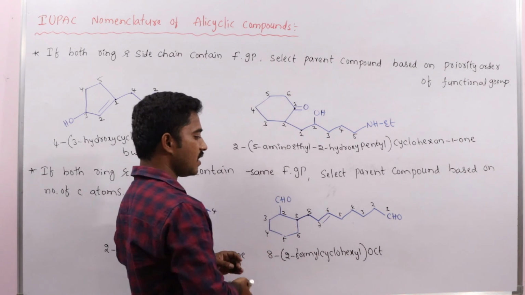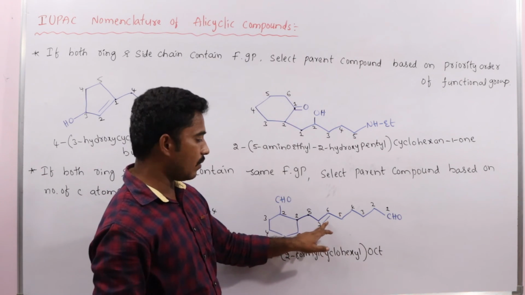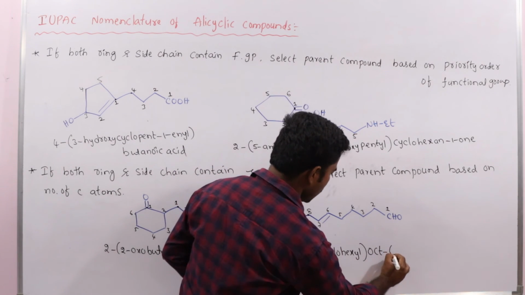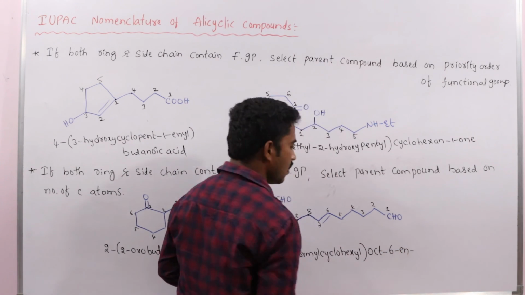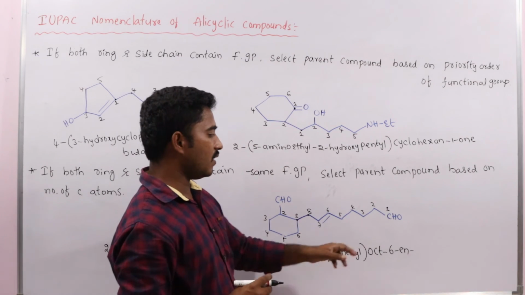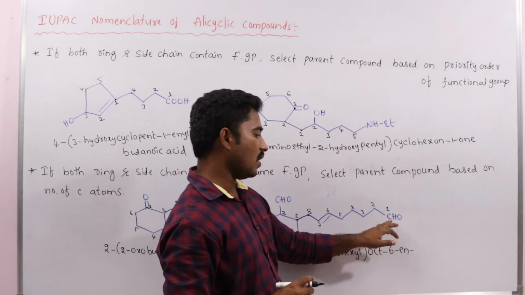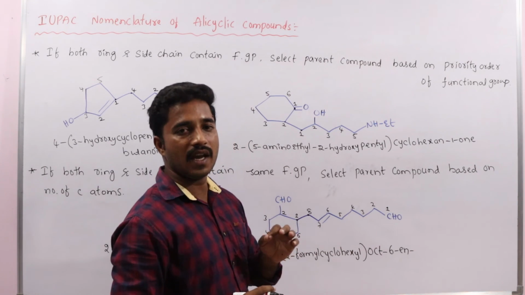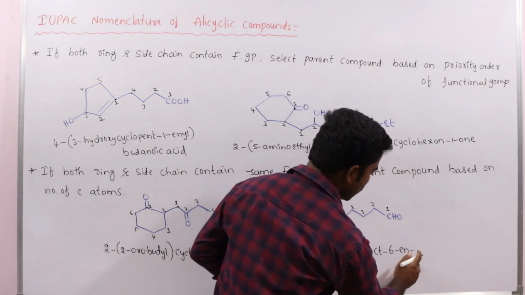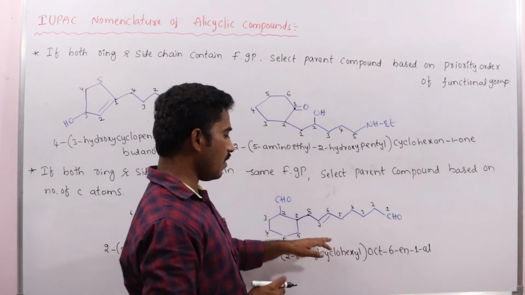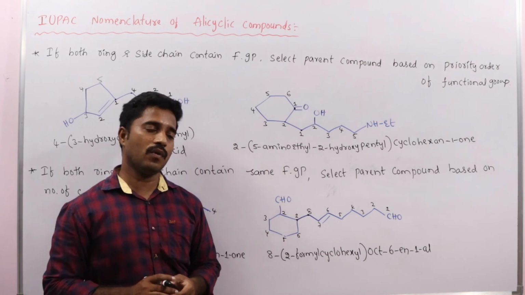Is this saturated or unsaturated? Unsaturated one. A double bond is present at the 6th position, so we should write oct-6-ene. And at first position an aldehyde group is there. For the aldehyde group the suffix is -al. Okay, 6-ene-1-al. So this is the name of this compound.